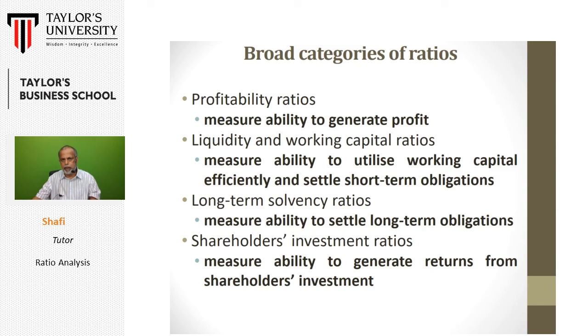The next broad category of ratio are shareholders' investment ratios. Now, these are very important ratios because shareholders are one of the important stakeholders in any company. In fact, we often refer to them as the primary stakeholder.